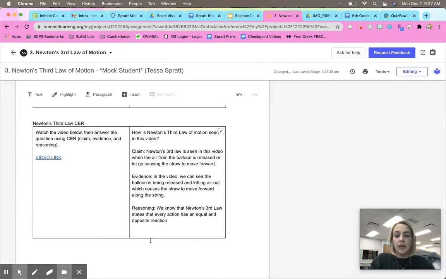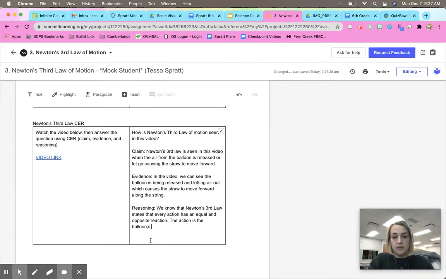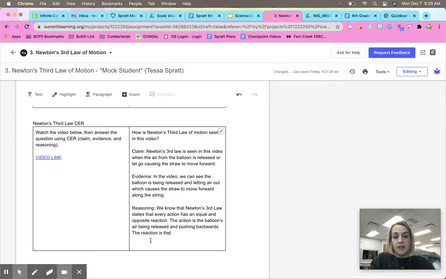So this is where we're telling about the action and the reaction. The action is the balloon's air being released and pushing backwards. The reaction is the balloon and straw moving forward.